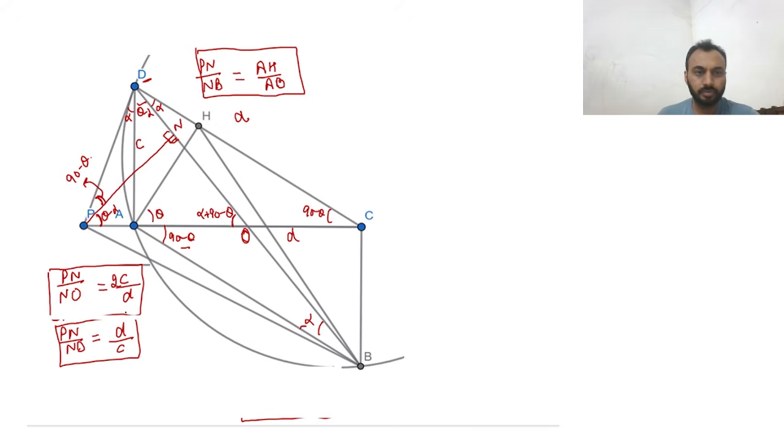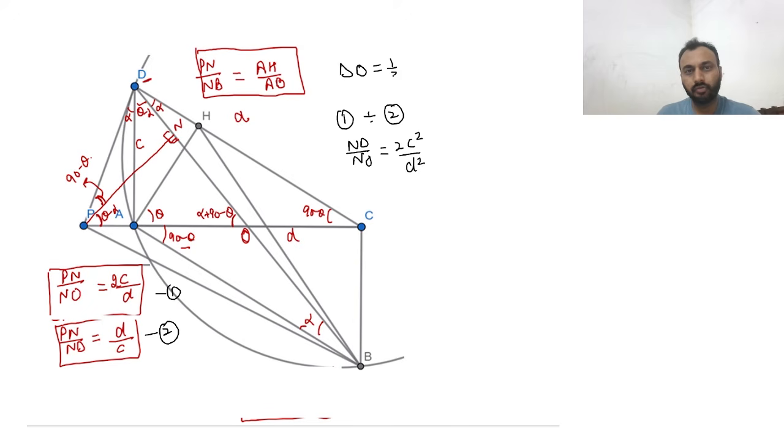So if we divide them, if I say this is 1 and this is 2, then 1 divided by 2 gives us Nd by No is equal to 2c square by d square, right? So this is our Nd length by No length. And also we know that Do is half of Bd.